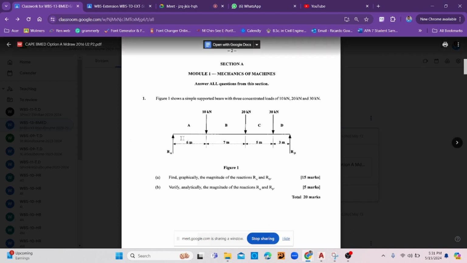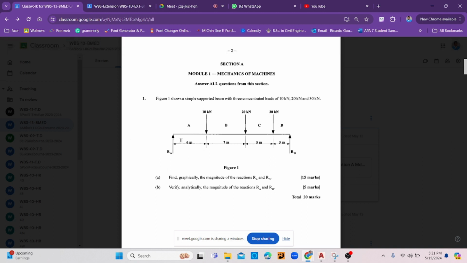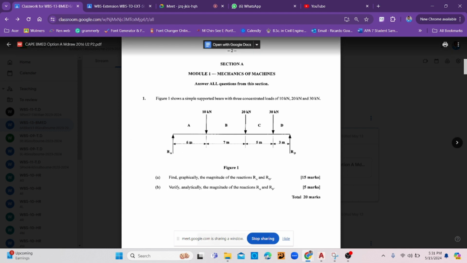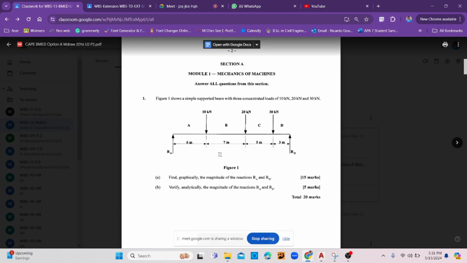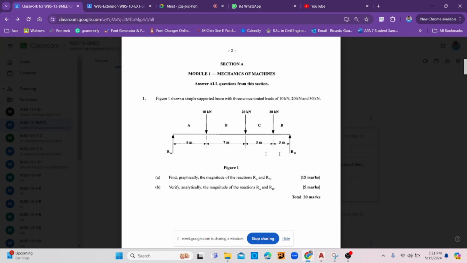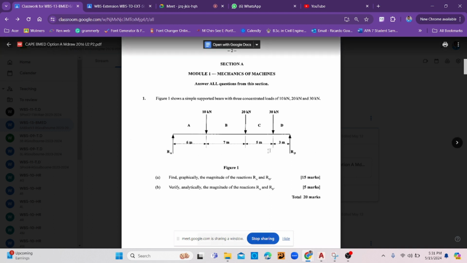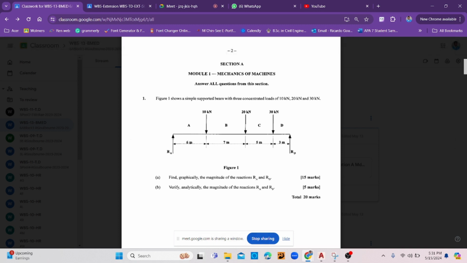Think about it like a structure, with RA here and RD here, or whatever letter that is. Think about your house: those endpoints might be a wall, or the two ends of a bridge, or just about anything. And you can see they give you the measurements.